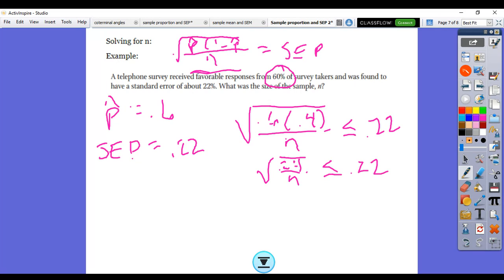Now, how do I undo a square root? Square both sides. So 0.22 squared is 0.0484. When I square the left-hand side, I end up with 0.24 over n, and that's less than or equal to 0.0484.